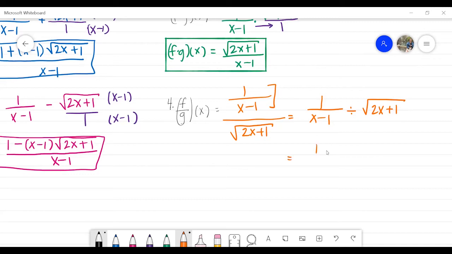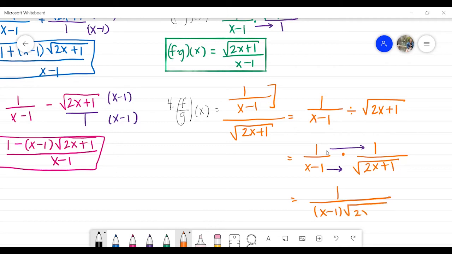Which translates to keep, change to multiplication, and take the reciprocal, right? So again, multiplying straight across, we end up with 1 over x minus 1 times square root 2x plus 1.